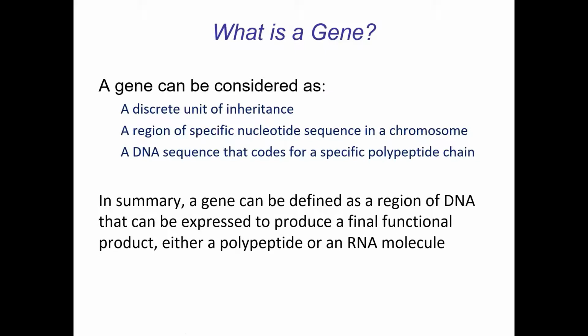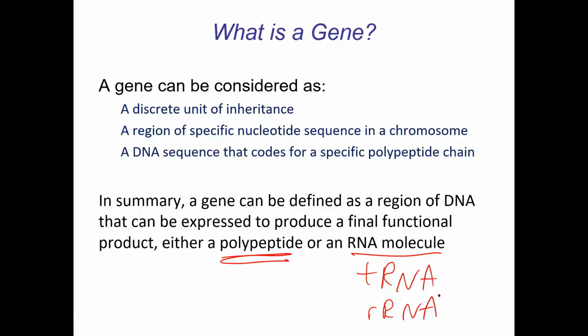But if you want to think a little bit more about a molecular biology definition of a gene, it's a specific sequence of nucleotides, and it usually codes for something, right? So a gene can code for a protein. You can see here it's saying coding for a polypeptide. It can also code for an RNA molecule. So for example, we could have a gene coding for a transfer RNA or a ribosomal RNA, and that's never going to make a protein. The RNA is the final product, right? So that's kind of what a gene is.